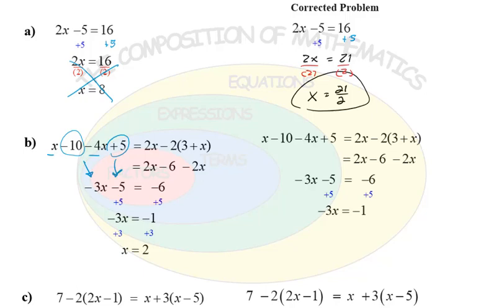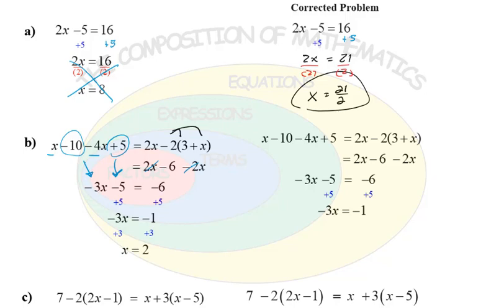On the right side, it looks like they distributed the negative 2. Negative 2 and 3 is negative 6. Negative 2 times x is negative 2x, so that looks good. And when you combine 2x and negative 2x on the right side, you do get 0, so those are zeroed out. And I'm left with negative 6.